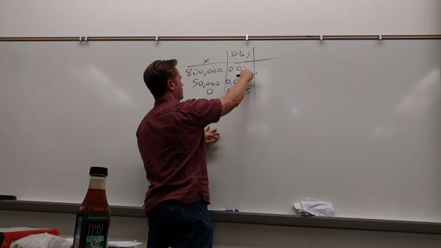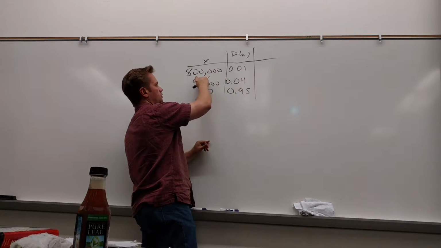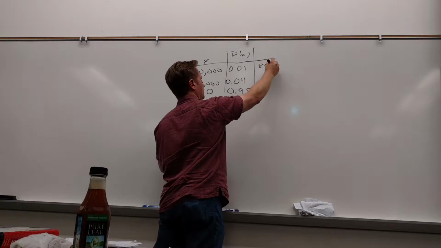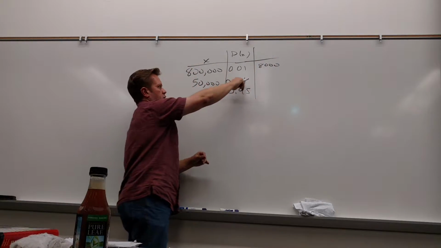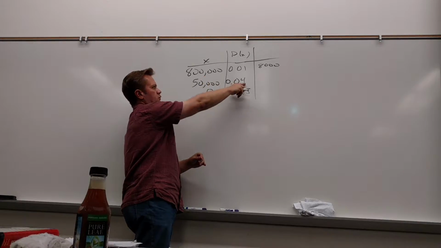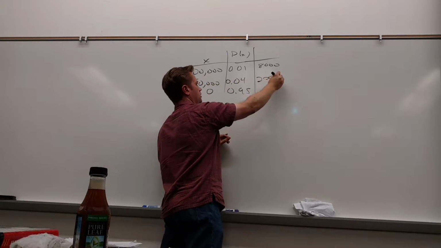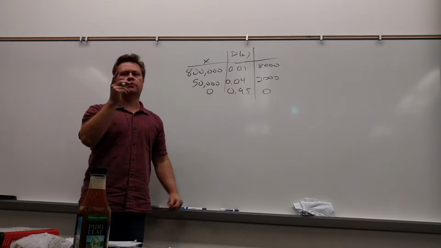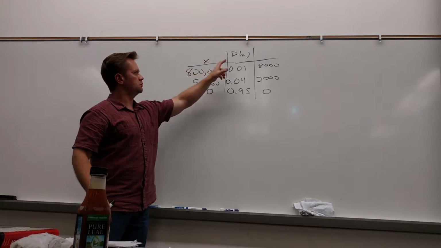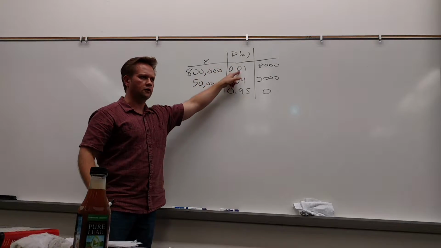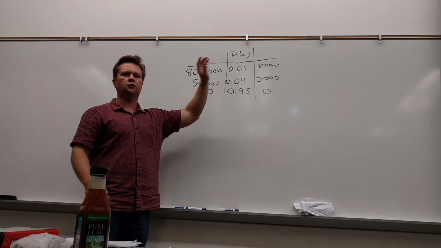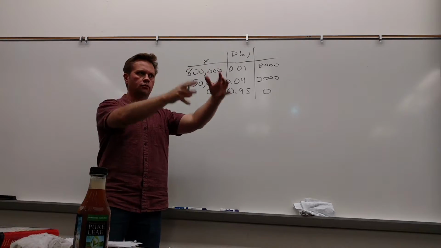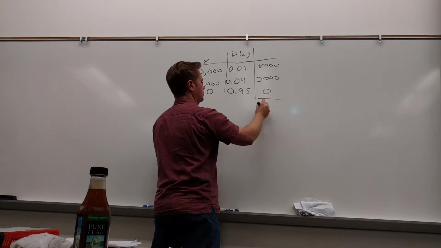So you just multiply these. 1% of 800,000 is 8,000. 4% of 50,000 is 500 times 4, 2,000, and then that's 0. Is that cool? So this is like the book's, or I think they do E times P of E1, plus E2 times P of E2, or whatever they write it as, right? It's the value times the probability. And then you add them up.